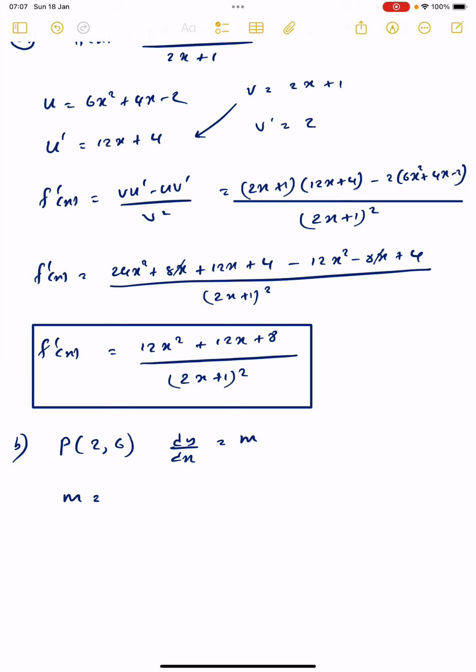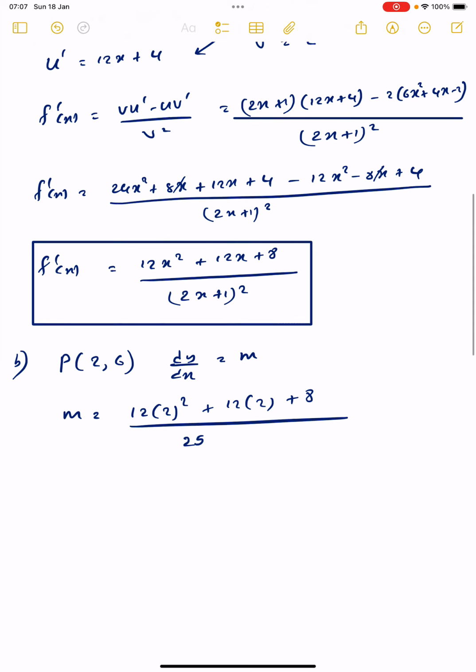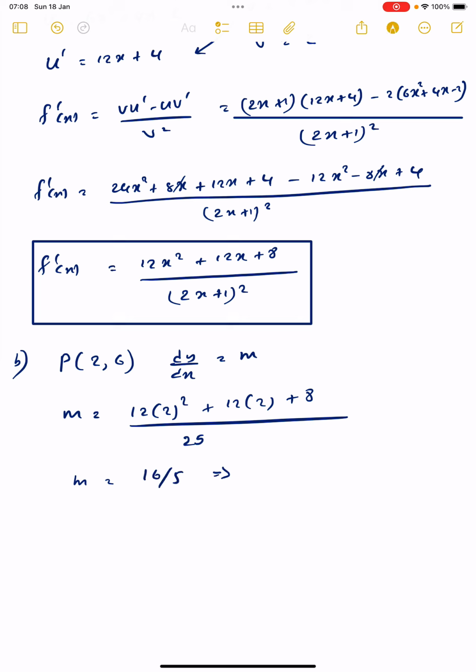So m equals 12 times 2² plus 12 times 2 plus 8 over (2 times 2 is 4, plus 1 is 5) squared is 25. So this should give you 16 by 5, which means the gradient of the normal will be minus 1 over m, which is minus 5 over 16.